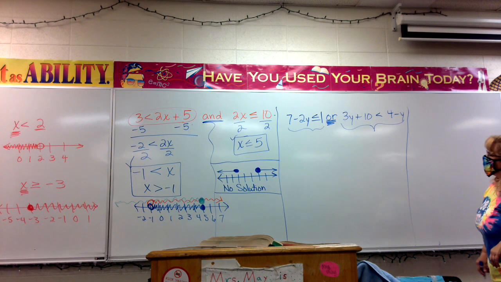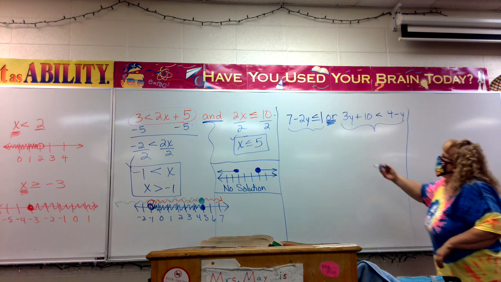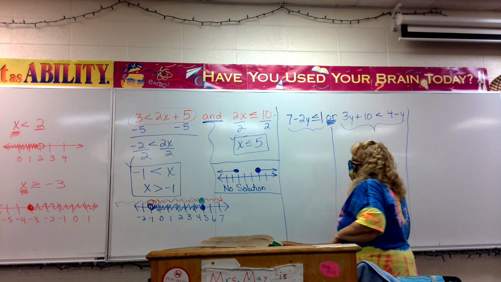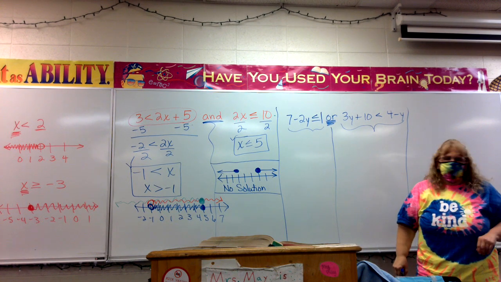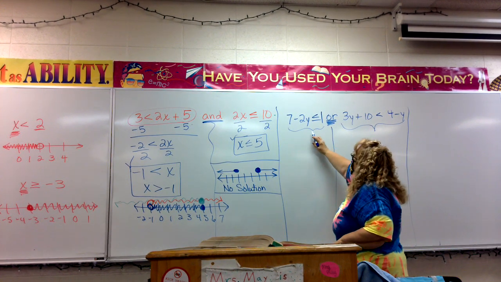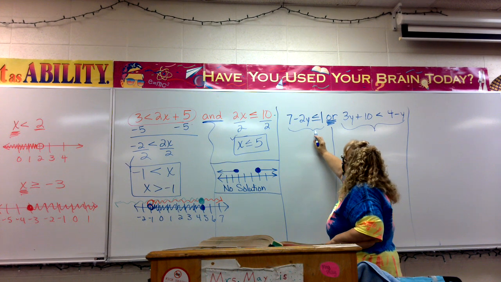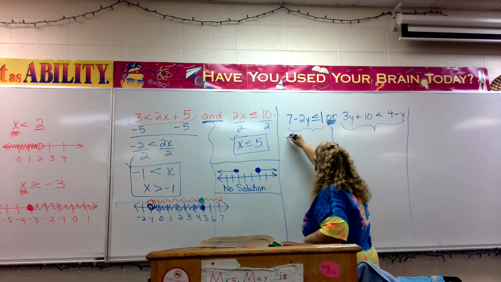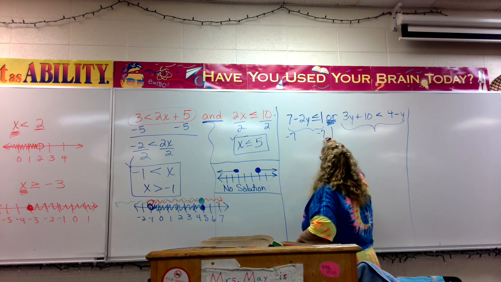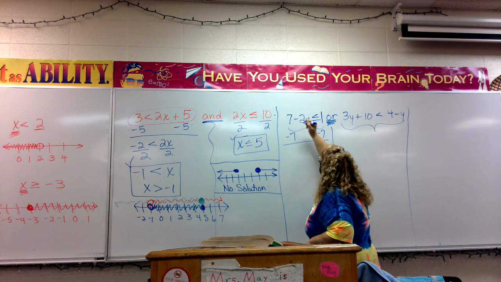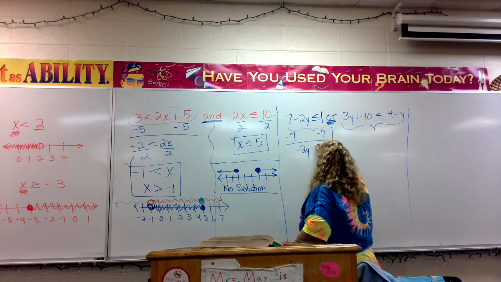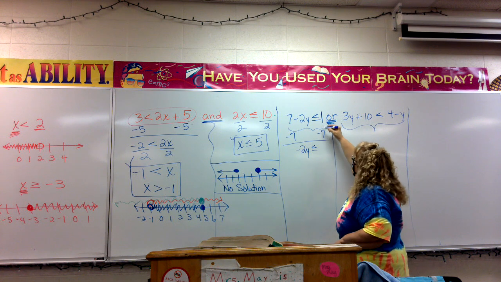So, solve the first one. Just like normal. What would you do to solve this? Yes. Subtract 7, subtract 7. Over here you'd have negative 2y. What do you have here?